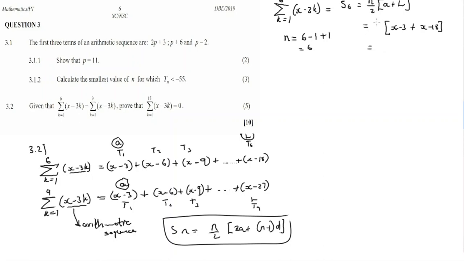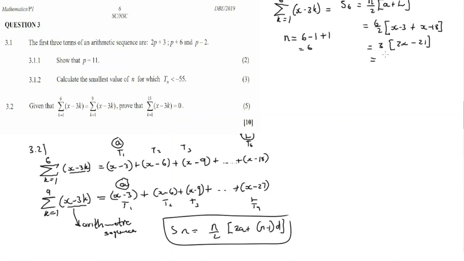So therefore siyoba no 6 over 2, which is 3, and then lana siyoba no 2x inside the bracket, negative 21, and then negative 21.